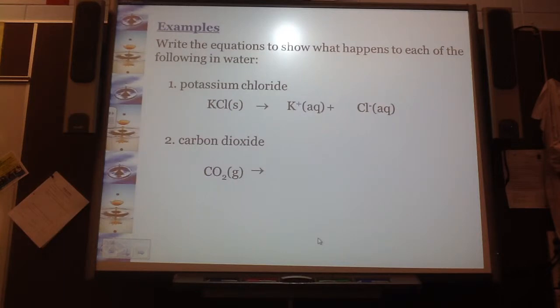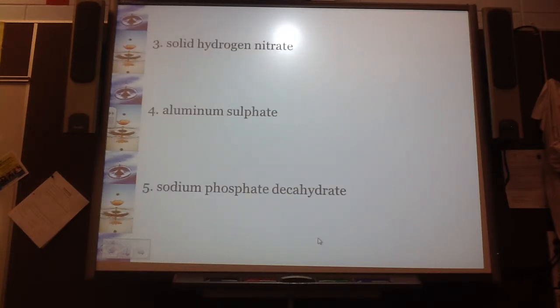It is non-polar, so it won't dissolve. So we just say CO2 gas, so it's not going to be dissolved into the solution. Okay, try writing out the rest of the compounds.